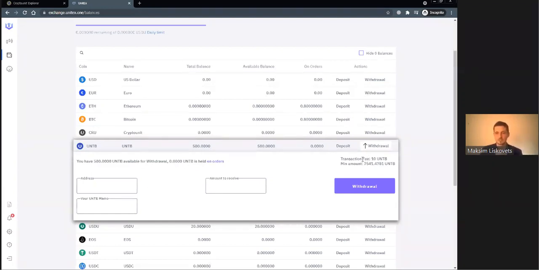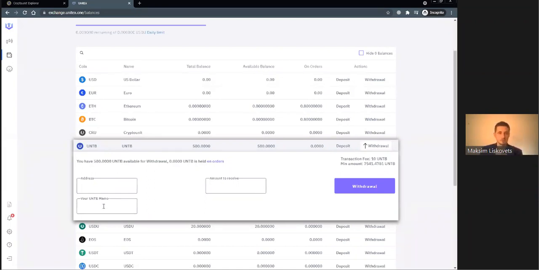So it is equivalent to $50 US, and 10 UNTB will be a commission charge when you withdraw. Know this: at least $50 US to withdraw or the equivalent, and the commission to be charged is 10 UNTBs. You indicate the address, the amount to withdraw, and also your memo.